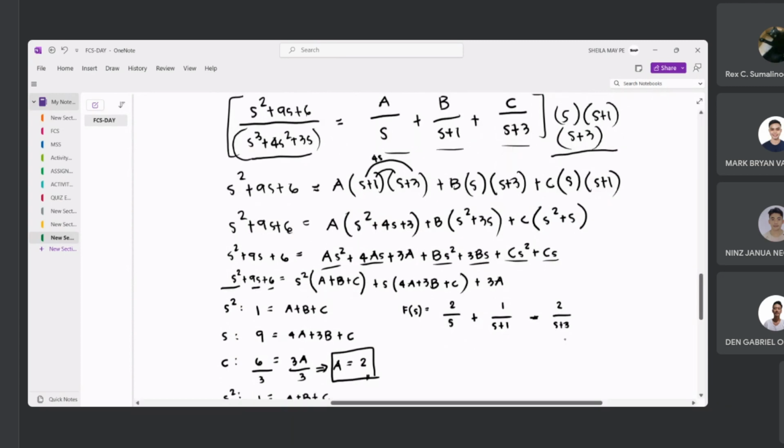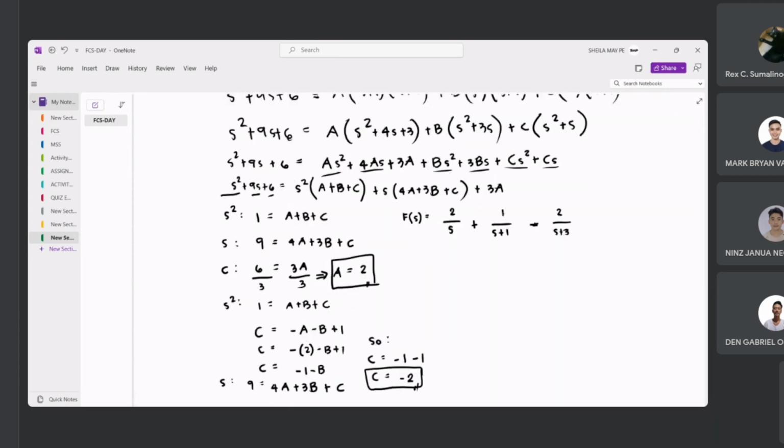Okay, so we have our F of s, so we need to take the inverse Laplace. So inverse Laplace of 2 over s plus inverse Laplace of 1 over s plus 1 minus 2 times the inverse Laplace of 1 over s plus 3. So inverse Laplace of 2 over s is just 2.